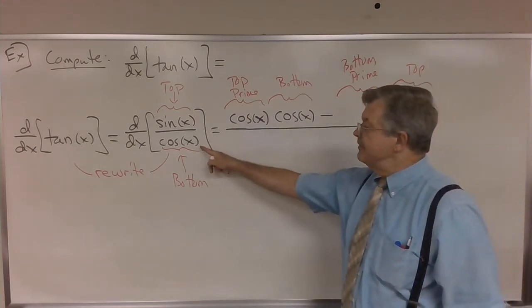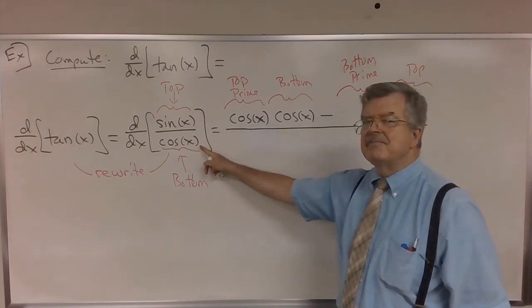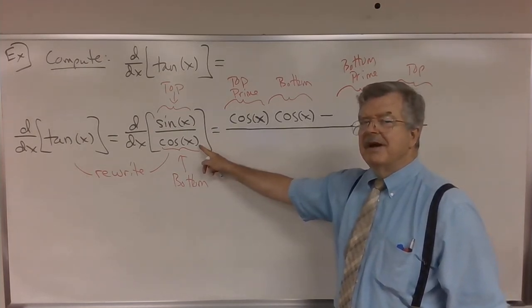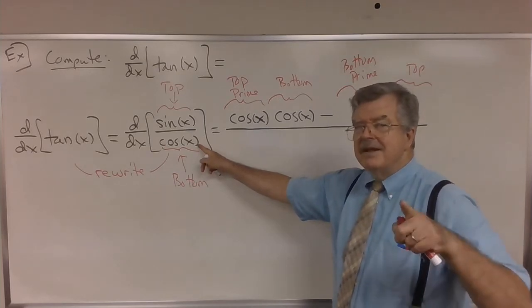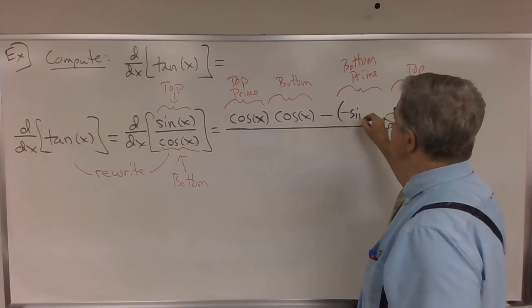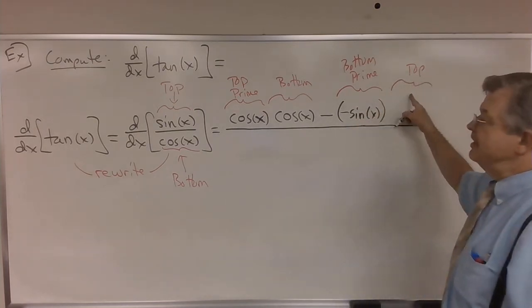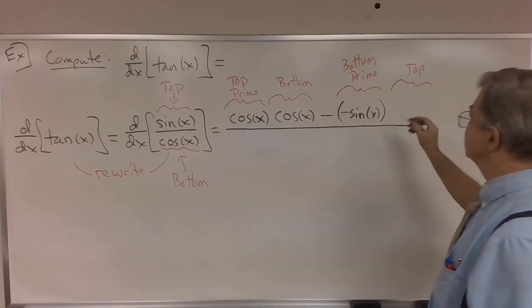Bottom prime. The derivative of cosine of x is, careful now, negative sine, right? Okay. Negative sine x times the top, sine of x.